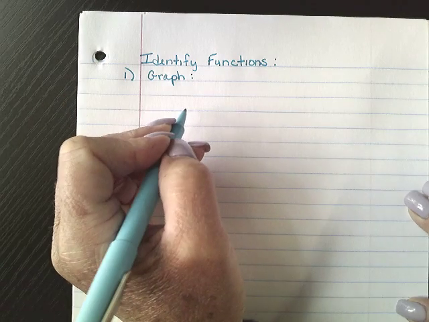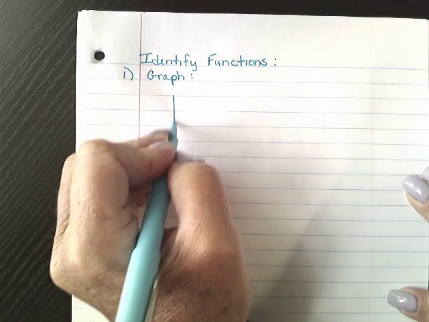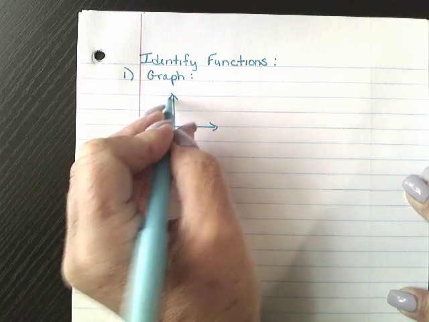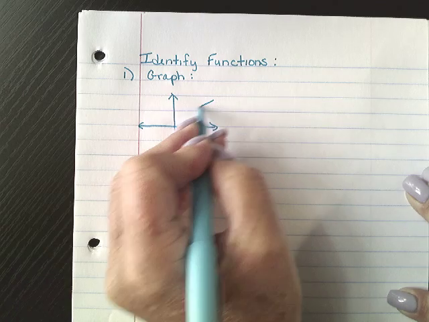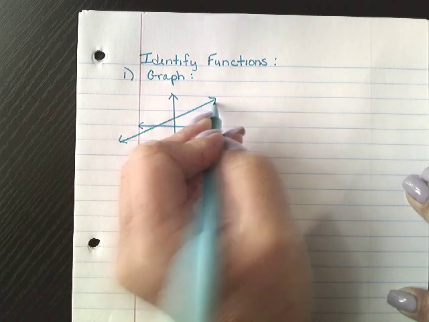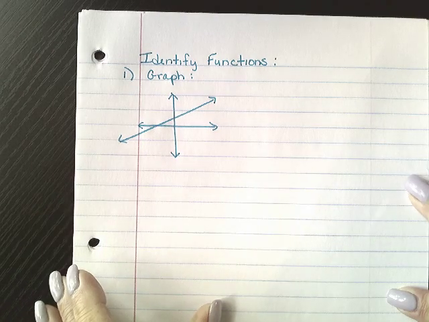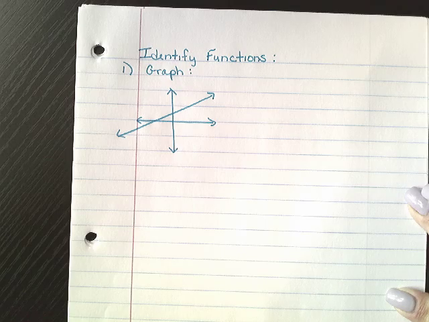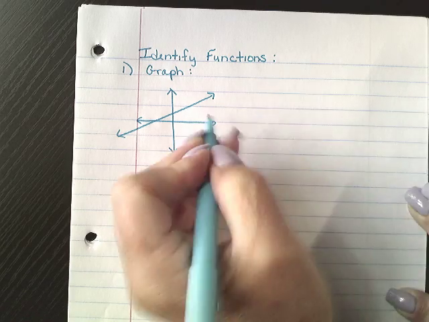So I'm just going to sketch a graph. In order for us to determine whether this is a function or not, we are going to use something called the vertical line test.